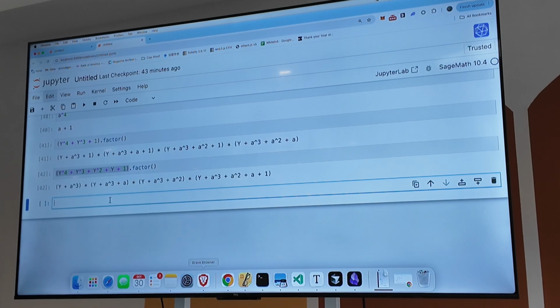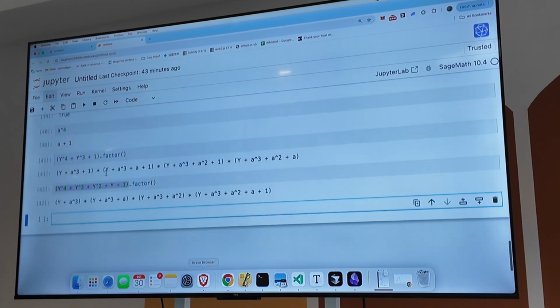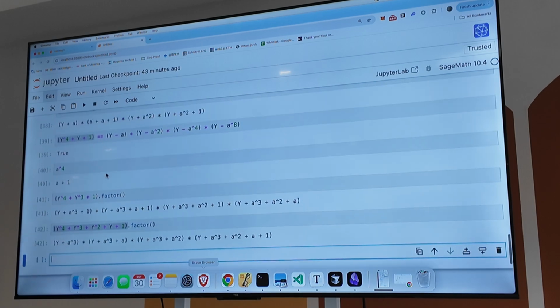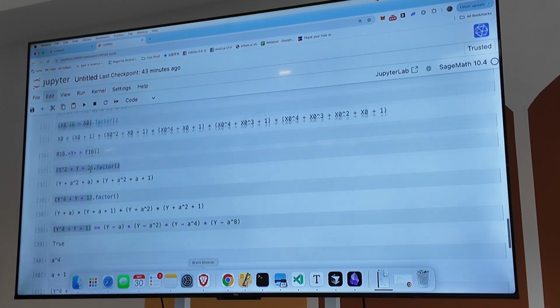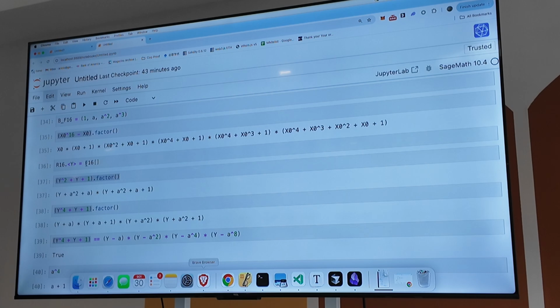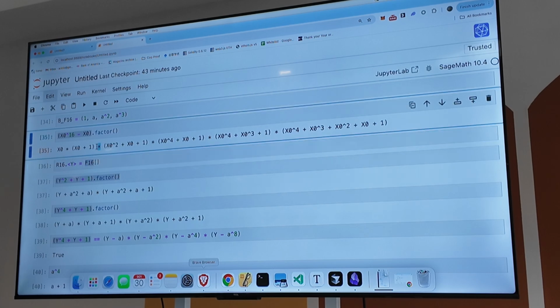Why can you use y to do the factoring instead of x? Okay, because y is defined as a polynomial ring over F16. And then all these polynomials will not be irreducible over the F16 polynomial ring, so we can factorize all these irreducible polynomials over F16.